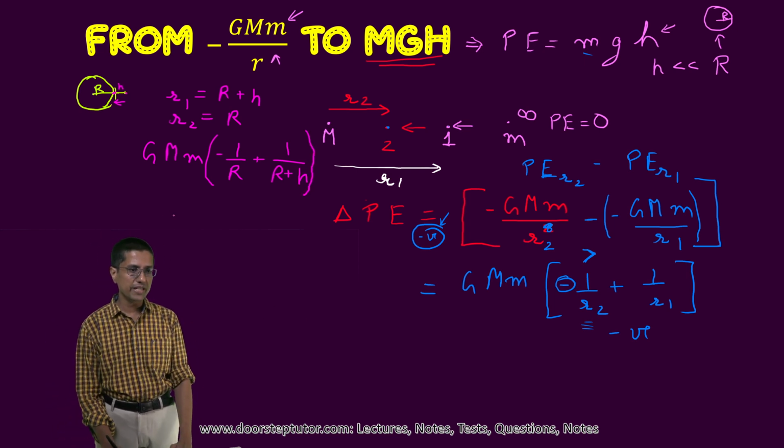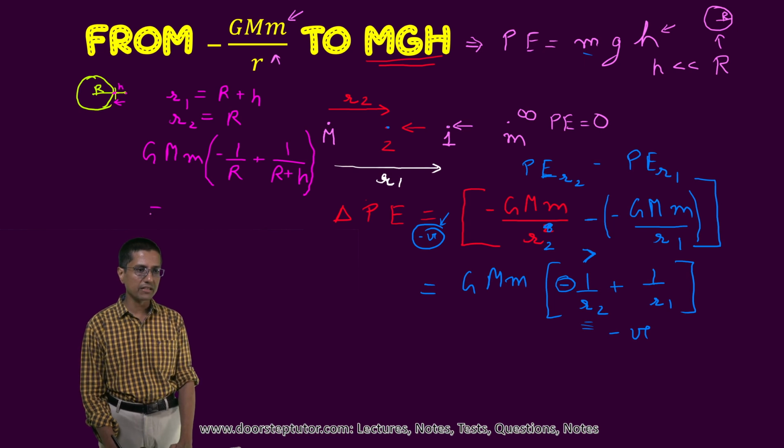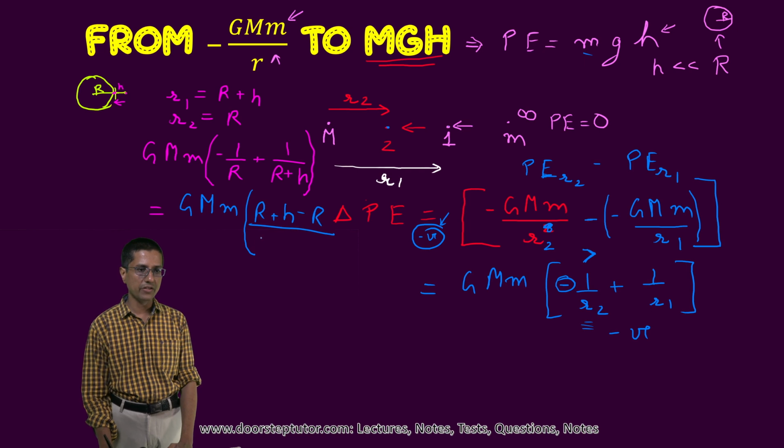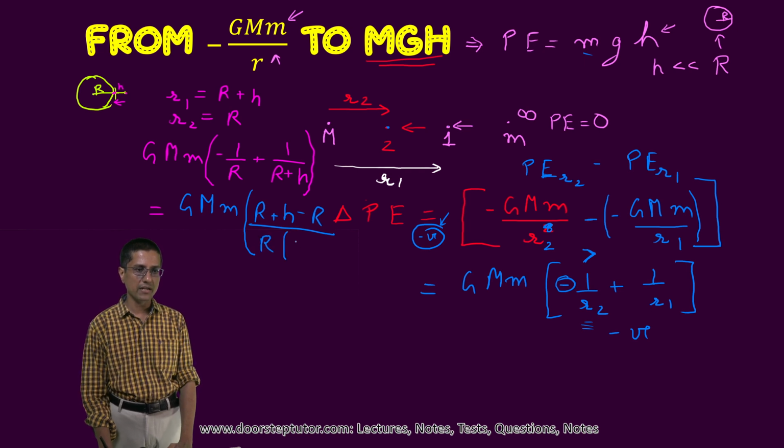See, in this equation, I simplify this and then I get GMm, and here I get R plus H minus R, and then in the denominator I will get R into R plus H. This is what will be there in the denominator.